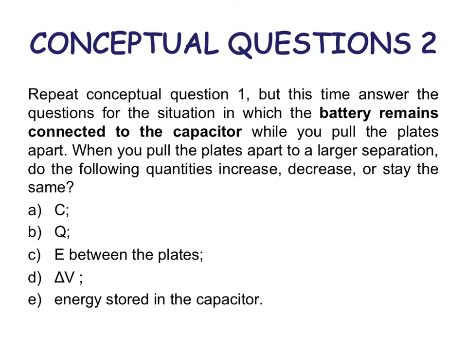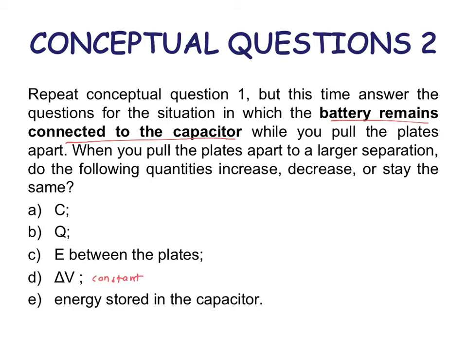This question looks the same as the previous one, but here the battery remains connected to the capacitor while you pull the plates apart. The thing you need to understand here is that when your battery remains connected to the capacitor, your V will be constant, so it stays the same. So what happens to the C?